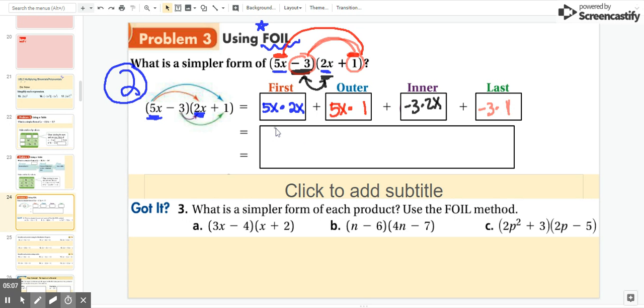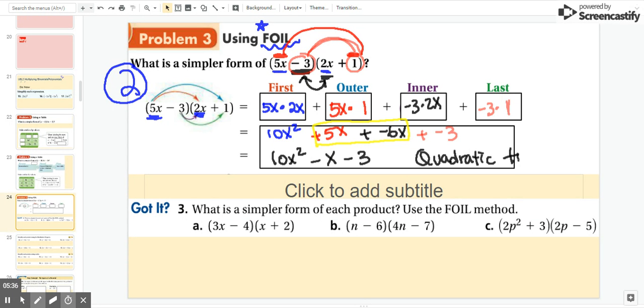That's going to be 10x squared plus 5x plus negative 6x plus negative 3. We do have like terms here, so we need to combine them. So it's going to be 10x squared minus x minus 3. So this is also a quadratic trinomial.